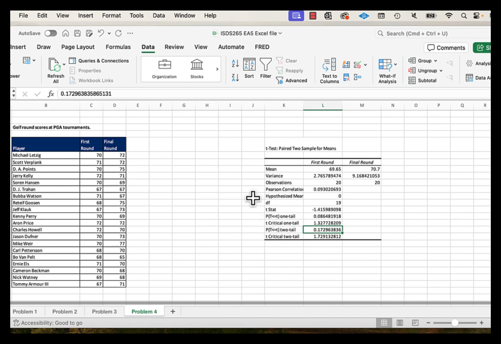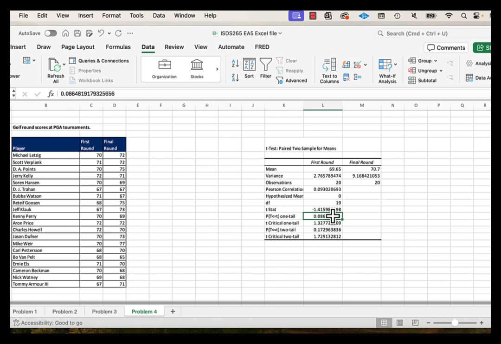This is where getting whether it's a two-tailed or one-tailed test correct is important. As a two-tailed test, the p-value is 0.173, which is greater than 0.1, so you'd fail to reject the null hypothesis.